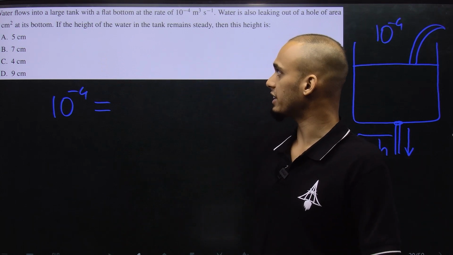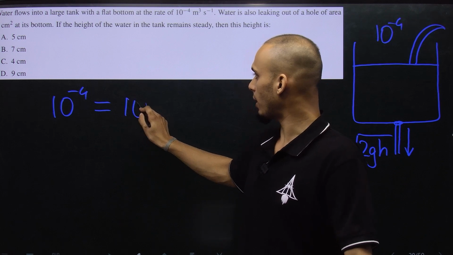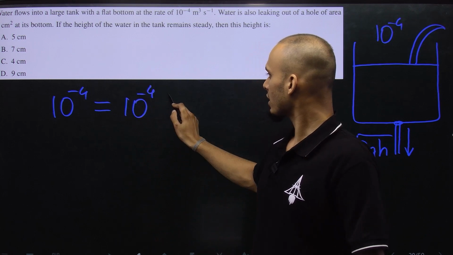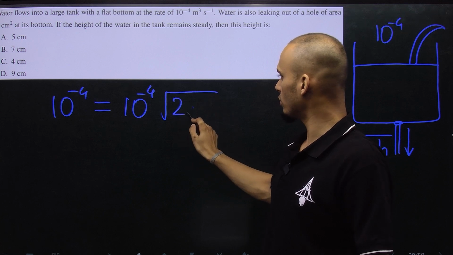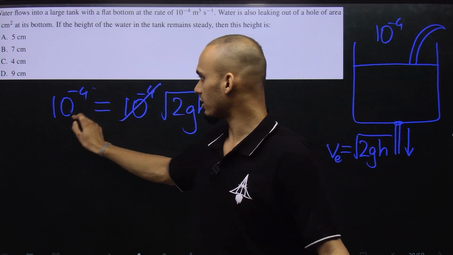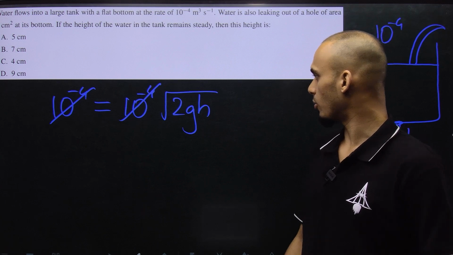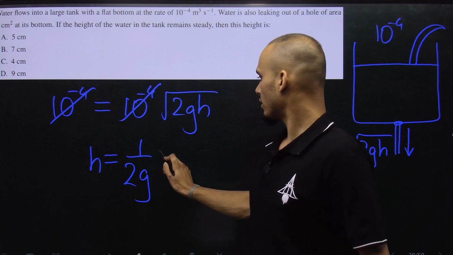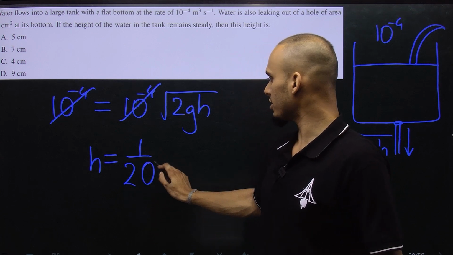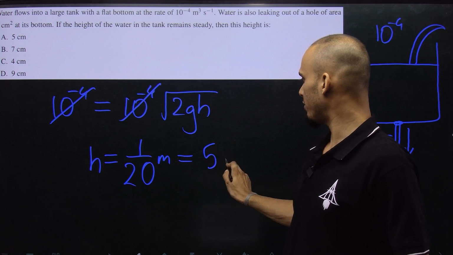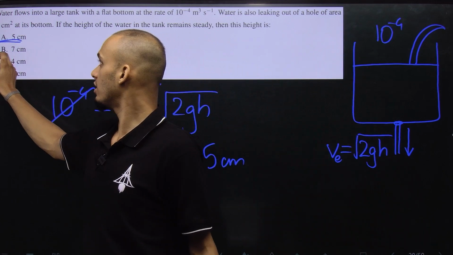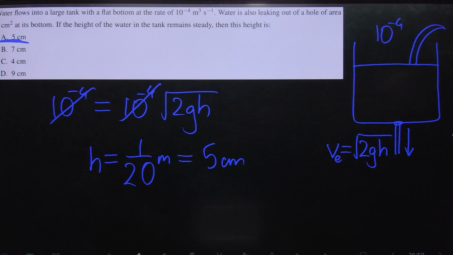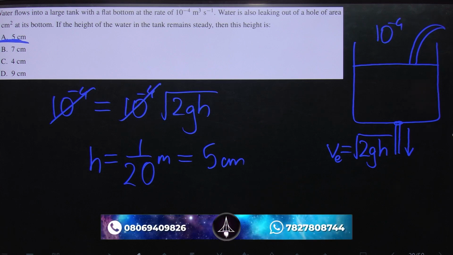Area of the hole is 1 centimeter square, that is 10 power minus 4 meter square, into velocity of efflux, which is under root 2gh. The 10 power minus 4 will get cancelled, and the height h should be equal to 1 upon 2g, that is 1 upon 20 meters, that is equal to 5 centimeters. That will be the answer. Again, very easy question. If you know the velocity of efflux, then just simple application of logic will lead you to the answer very quickly.